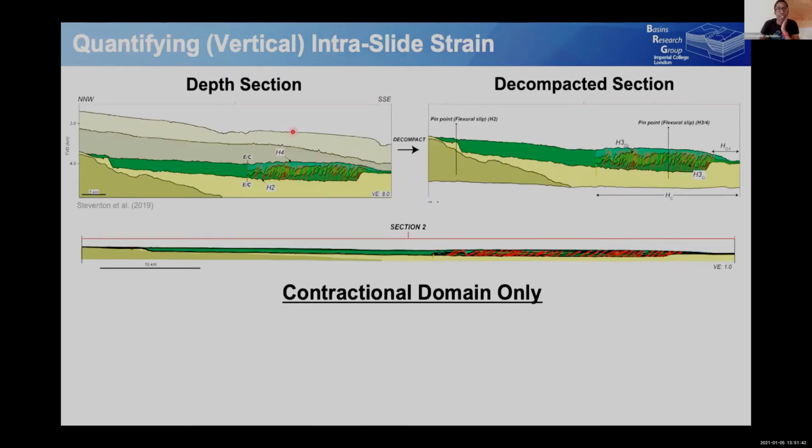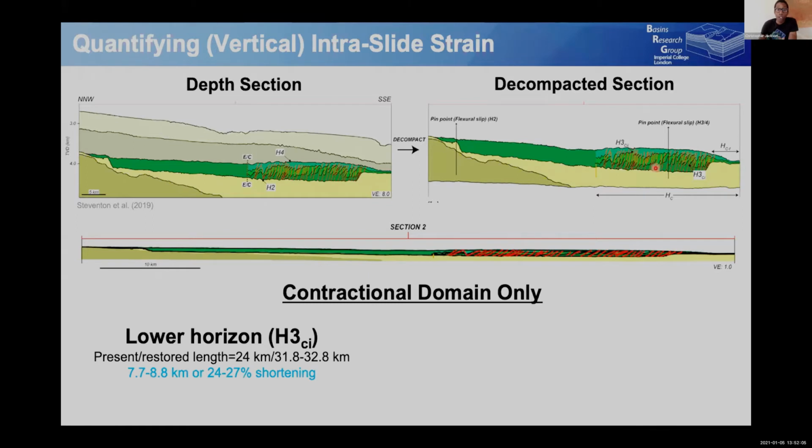If we then think a bit more about that distal domain, this is another seismic profile from the same volume. So here we have the depth section, the decompacted section, and we have the one-to-one section as well. In this example here, Mike was able to map two horizons in the contractional domain, a lower one, which is called C1, and an upper horizon, which is called C2 in through here.